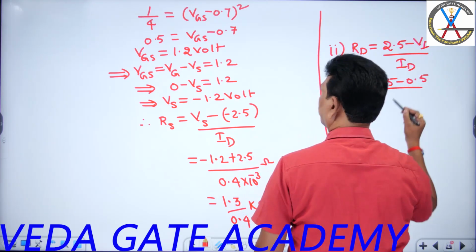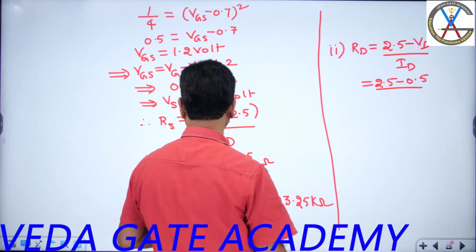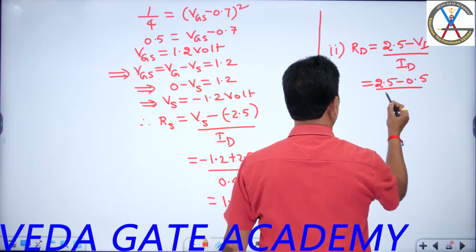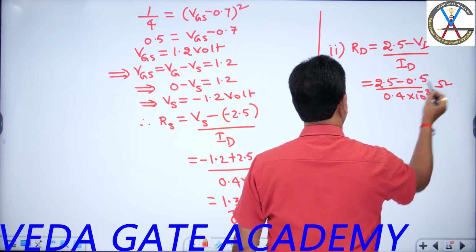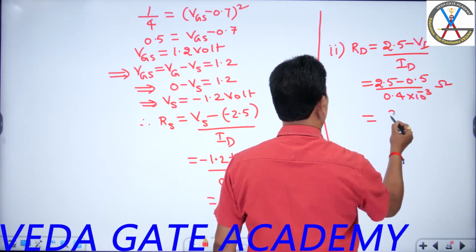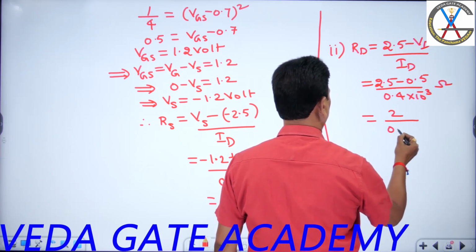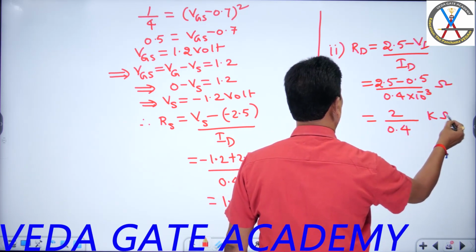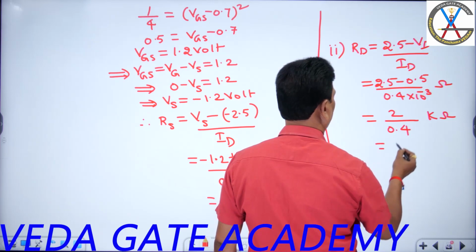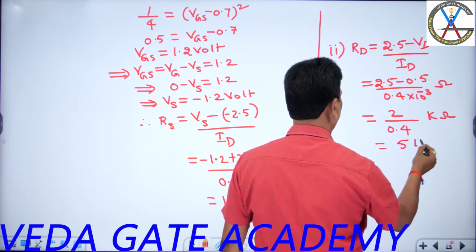ID is 0.4 into 10 power minus 3. So that is 2 by 0.4, sir. Take out the numerator like this, so that is 40 by 4, sir. 20 by 4 becomes 5 kilo ohms.